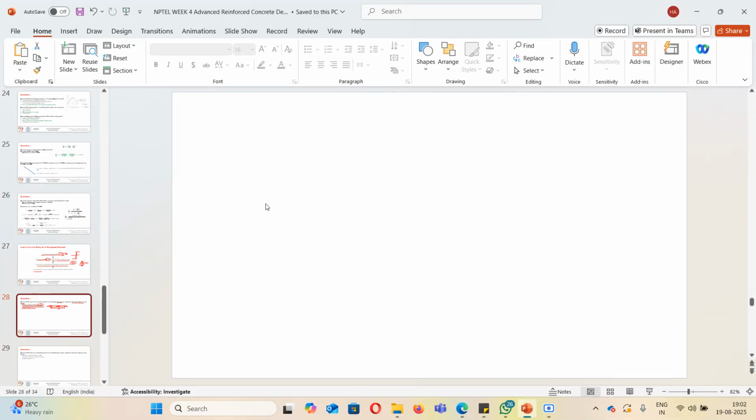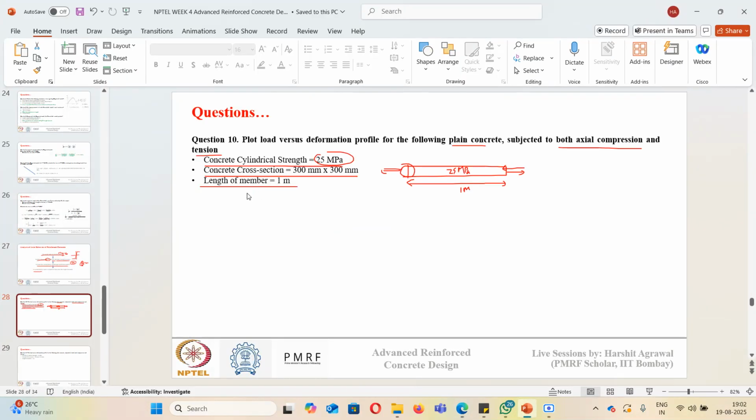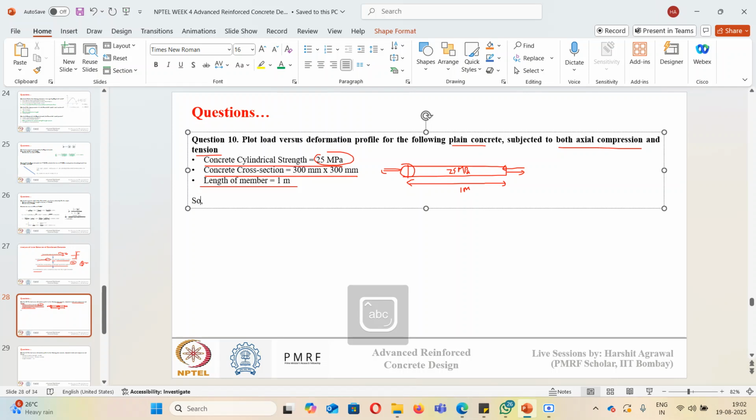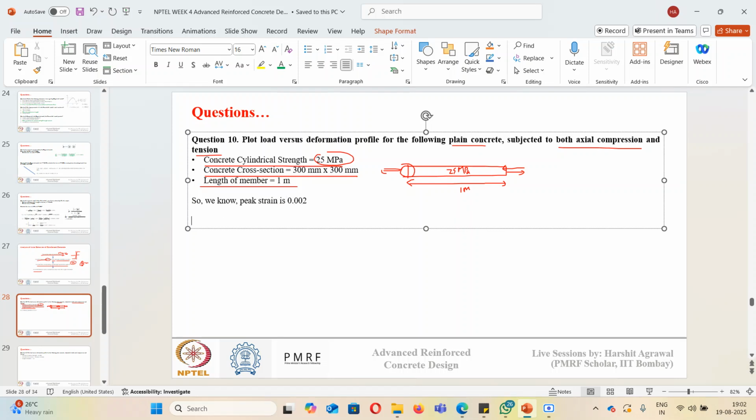Okay, let's see. We know that the peak strain is 0.002. So let's take a few points below the peak strain and some points above the peak strain to calculate the stress taken by concrete at those points, and then we'll calculate the load and the deformation.